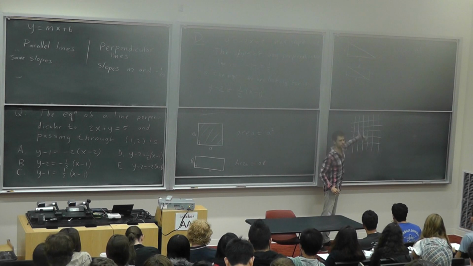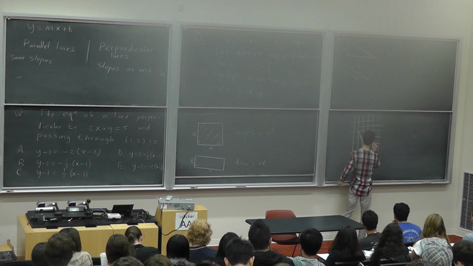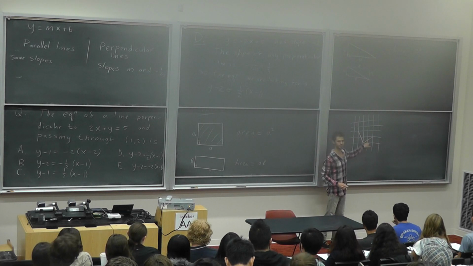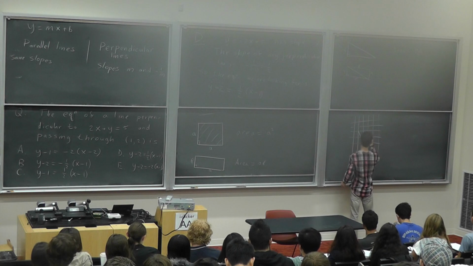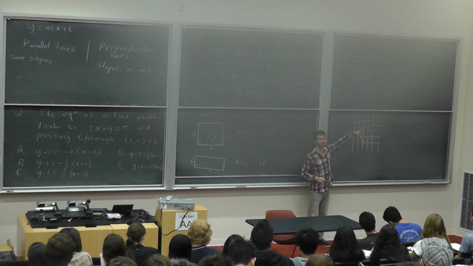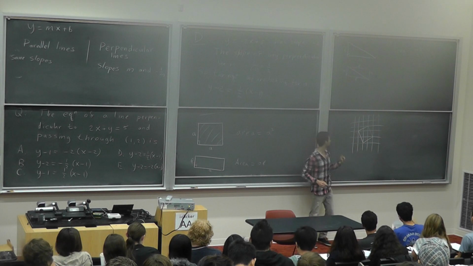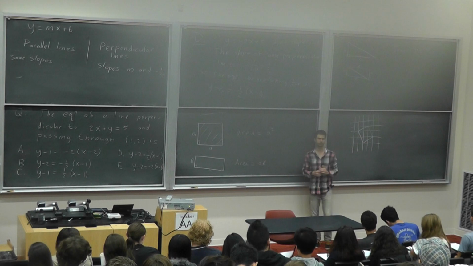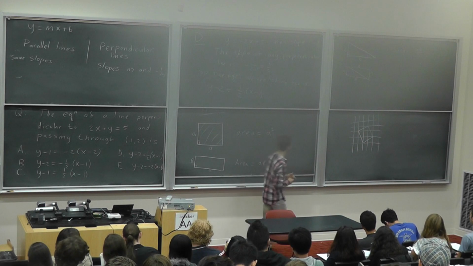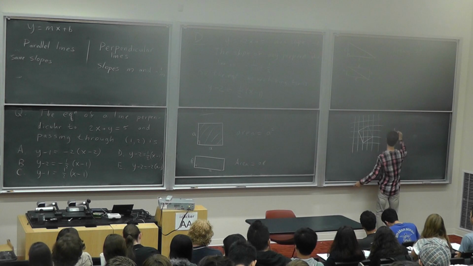I go 1 unit to the right, 2 units down, then 2 units to the right, 1 unit up. Now we know that this angle is 90 degrees. Then 1 unit to the left, 2 units up, and close the square. So you can check that all these angles are 90 degrees. And the question is, what is the area of this square?